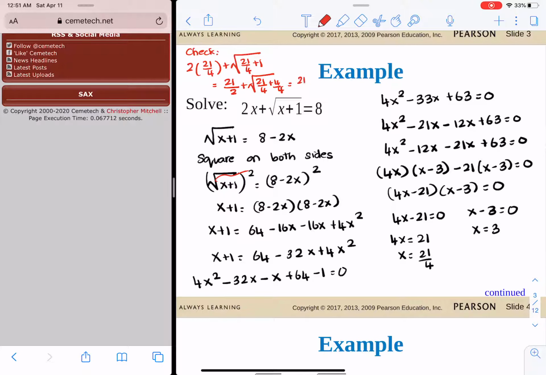That would equal 21 over 2 plus square root of 25 over 4, which would give us 21 over 2 plus 5 over 2.